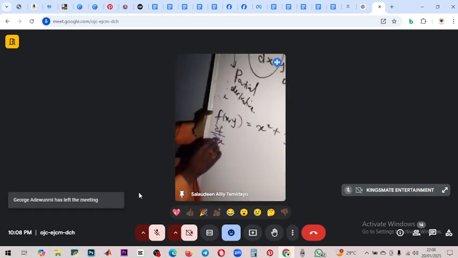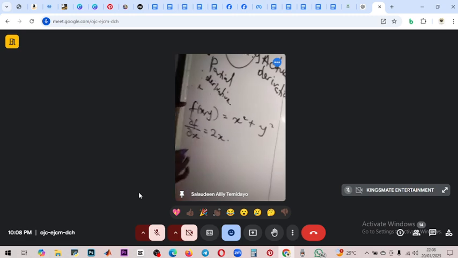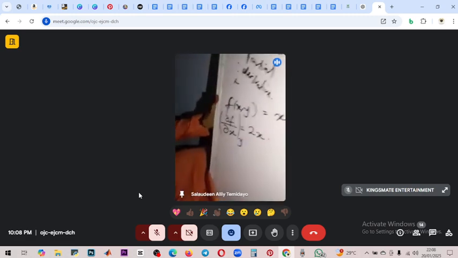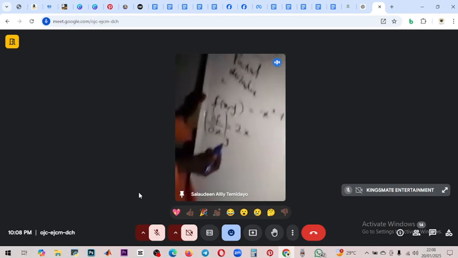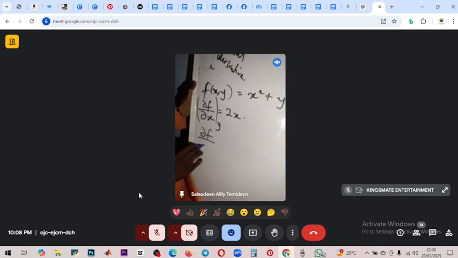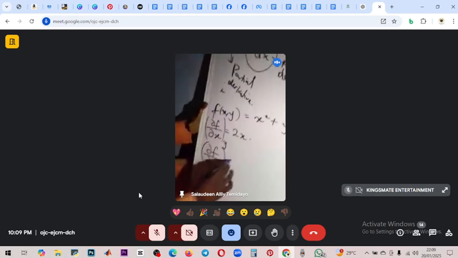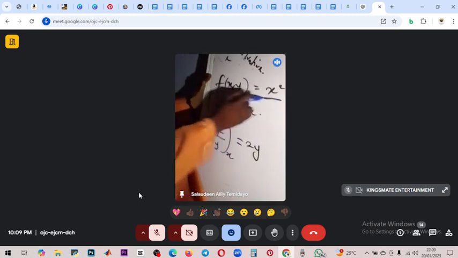So ∂f/∂x is going to be 2x. That means you are treating y as a constant. Now, what if it is ∂f/∂y you are looking for? Treating x as a constant, that means it is going to be 2y.